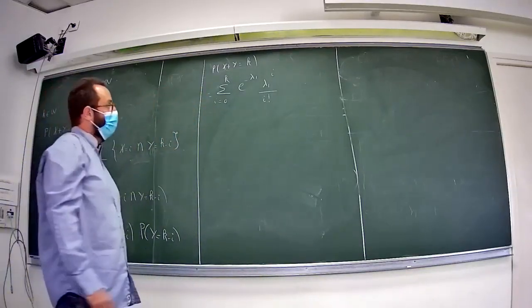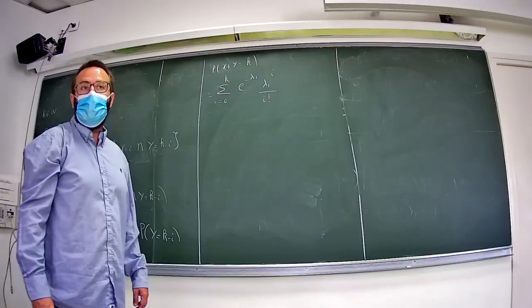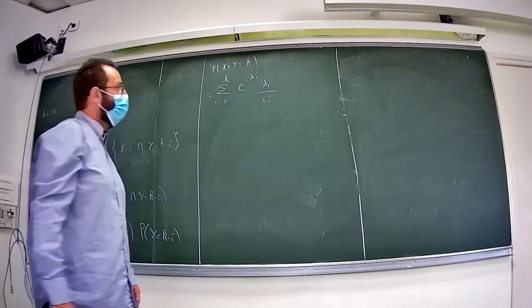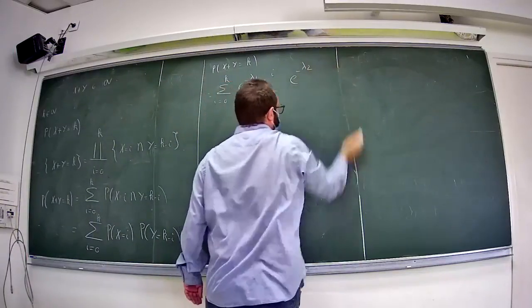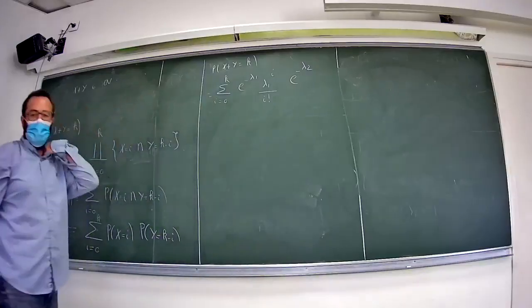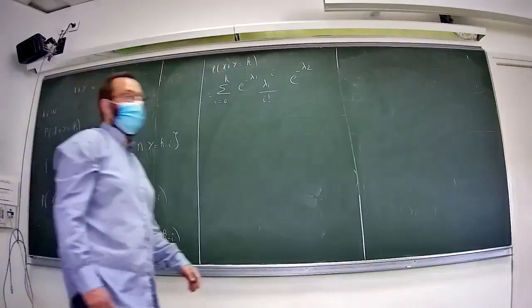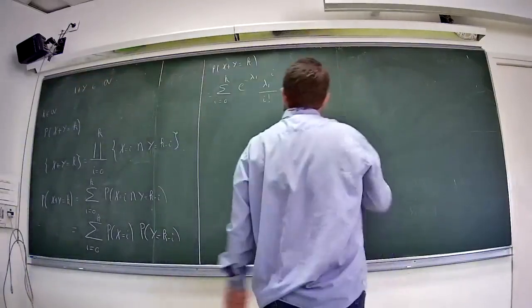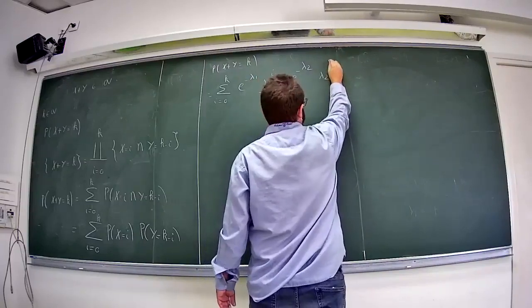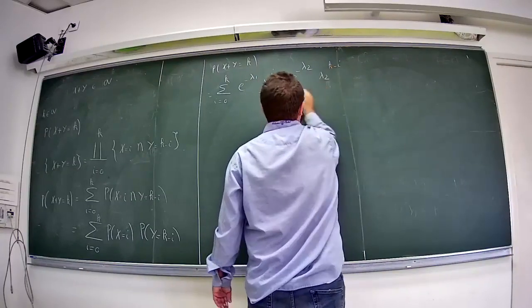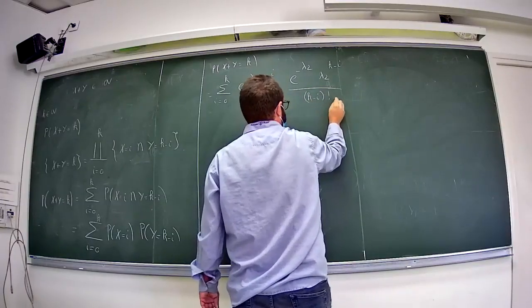That is the probability that x is equal to i, x following a Poisson of parameter lambda 1. For the other, the probability that y is equal to k minus i, y follows a Poisson of parameter lambda 2. I have lambda 2 to the power k minus i over k minus i factorial.